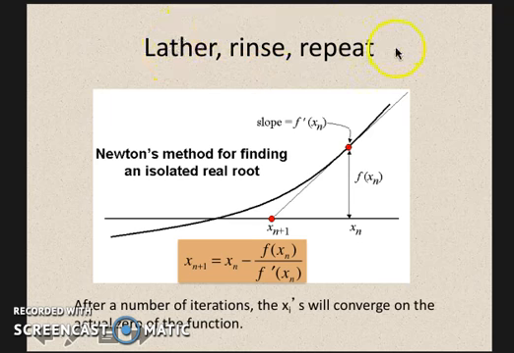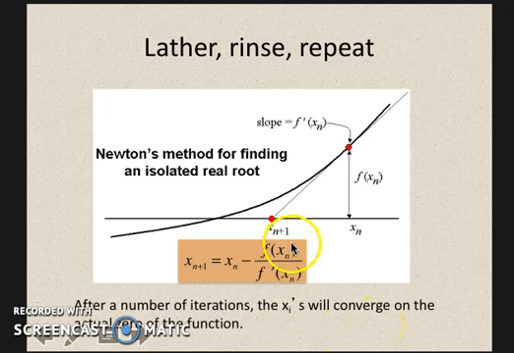It's like shampooing your hair. You lather, you rinse, then you repeat until the water runs clear. So after a number of iterations, the xi will converge on the actual zero of the function.